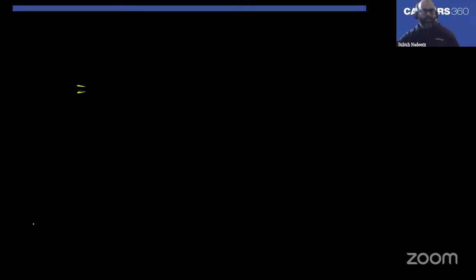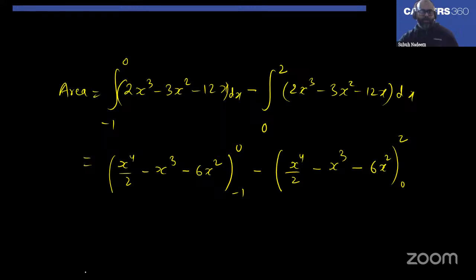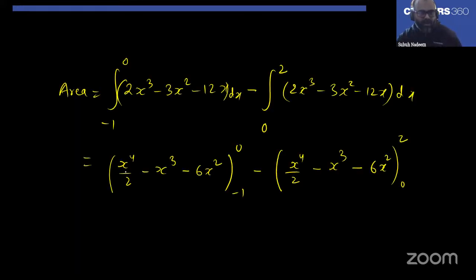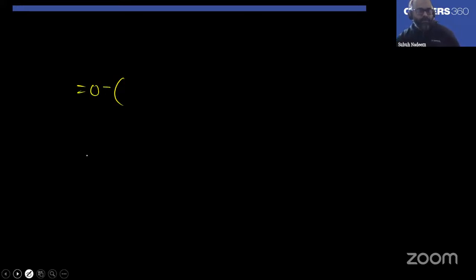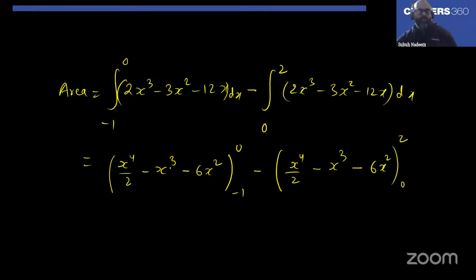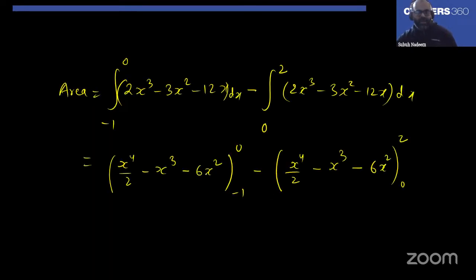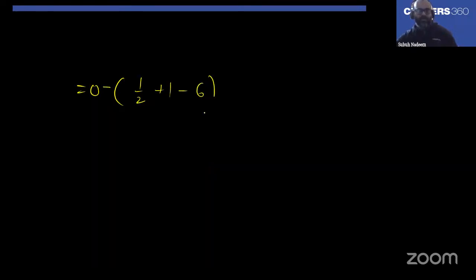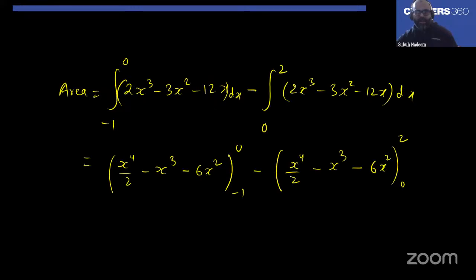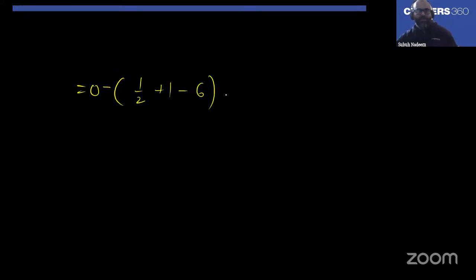We put the values. We put upper limit 0, it will become 0. And then we put the lower limit. So 0 minus 1 by 2. And minus 1 cube will be minus 1. So it will become plus 1 here. And then minus 6. The other part is minus.